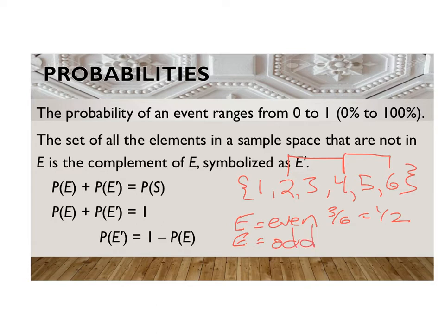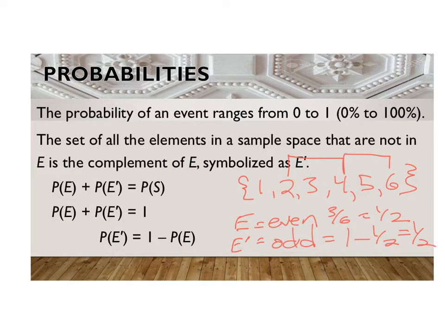E complement would be the probability of getting an odd. I'm sorry, that line didn't show up very well. Hang on. Let me rewrite that. Okay, erase the bottom of that E. E complement, there we go, is the probability of getting an odd. So that's going to be 1 minus even. So it therefore is 1/2.